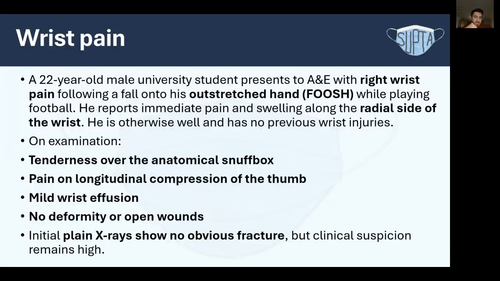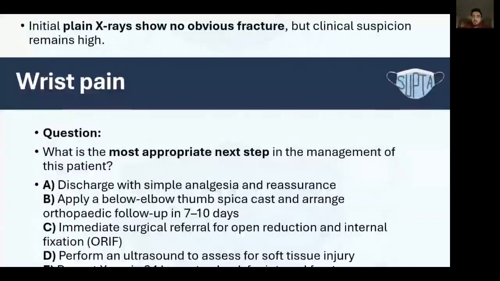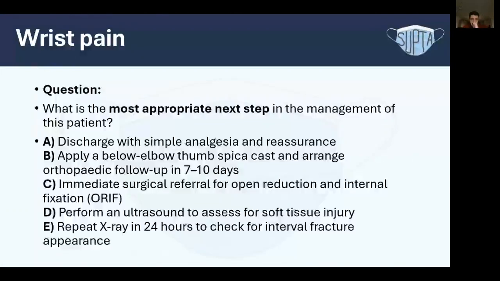On examination, tenderness over the anatomical snuffbox, pain on longitudinal compression of the thumb, mild wrist effusion, no deformity or open wounds. Initial plain X-ray shows no obvious fracture, but clinical suspicion remains high. So what is the most appropriate next step in the management of this patient?